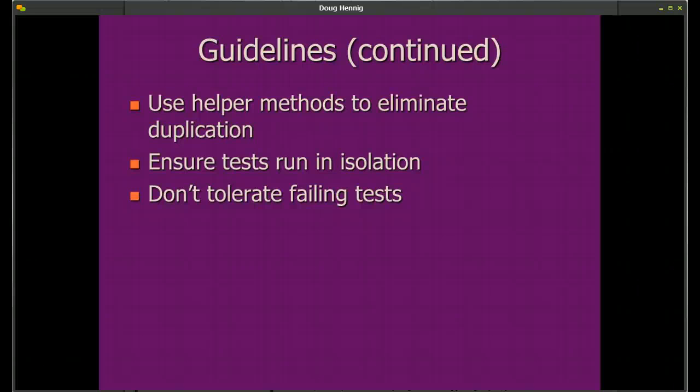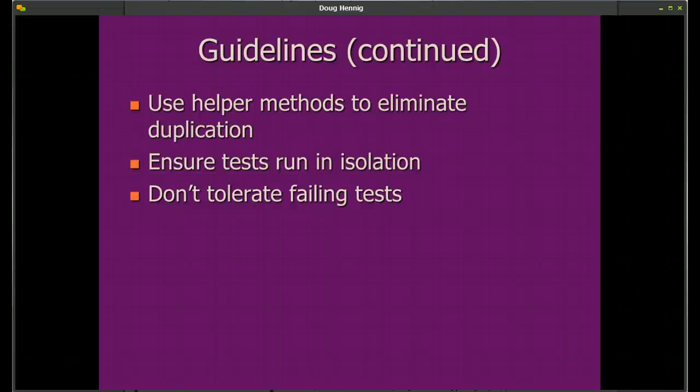Make sure that your tests run in isolation. Boy, I tell you, there's nothing harder to track down than a test that runs fine by itself, but when you run all the tests, it fails. That should be a hint to you that there's probably some dependency between tests. Like if test A runs before test B, it works, but if test B runs before test A, it fails.